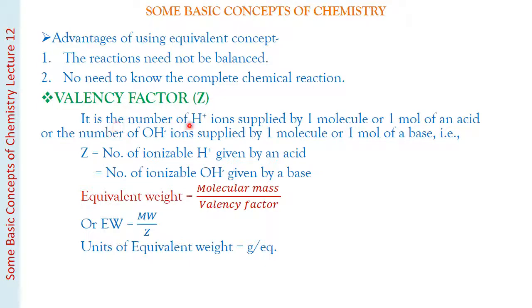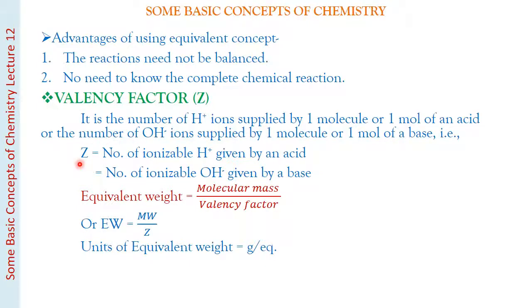It is the number of H+ ions supplied by one molecule or one mole of an acid, or the number of OH- ions supplied by one molecule or one mole of a base. Right? So like we did for H2SO4, how many H+ ions are supplied by H2SO4? 2 H+ ions. So the Z factor for H2SO4 would be 2, and NaOH supplies one OH- ion per molecule, so the Z factor would be 1.